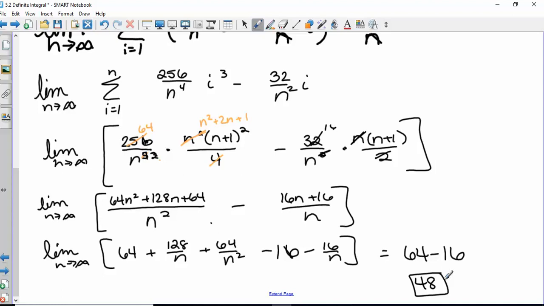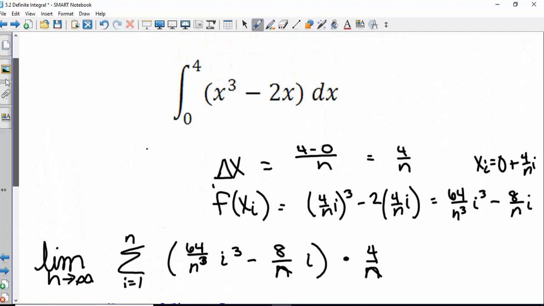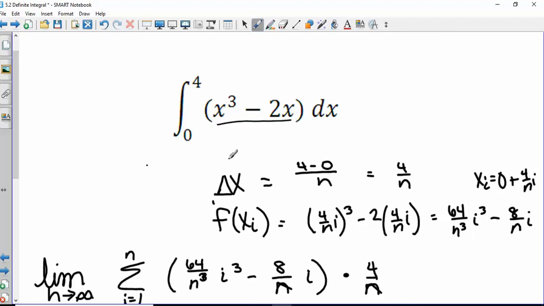So far this is just more practice with what we did before. I just gave you the original problem in integral notation instead of stating it in words. So we found the area under the curve, x cubed minus 2x, between 0 and 4, right there.